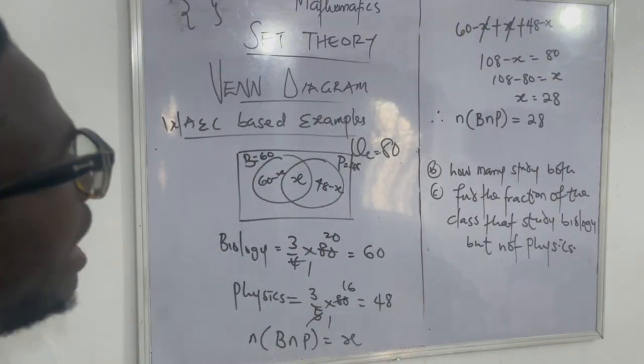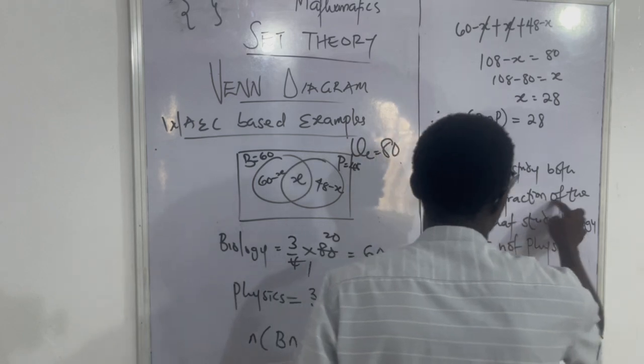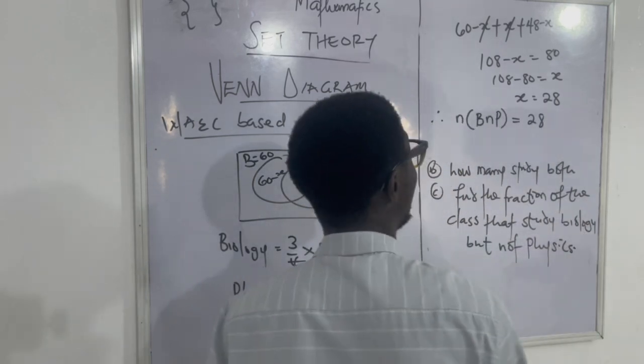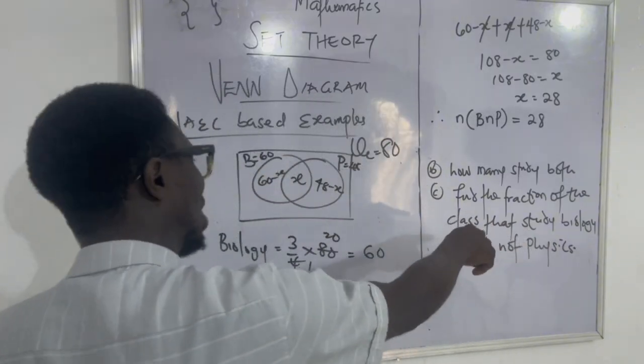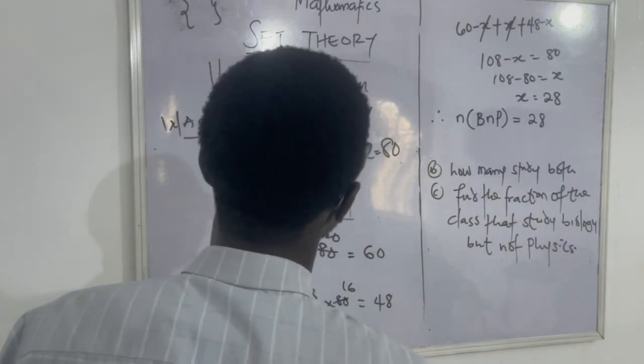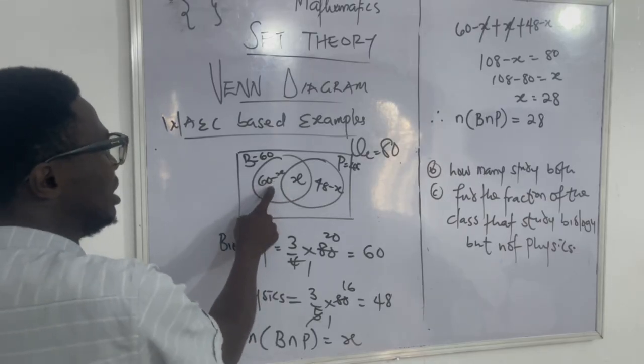Are we together? Now, he said find the fraction of the class that study biology but not physics. That means biology only.